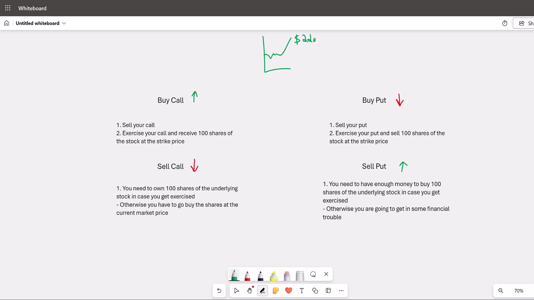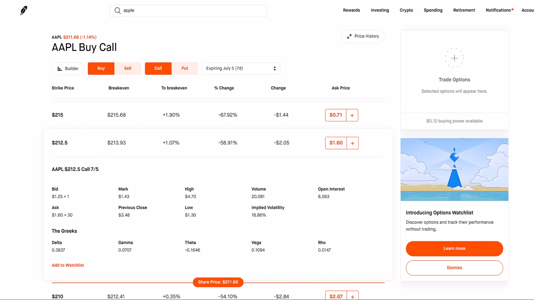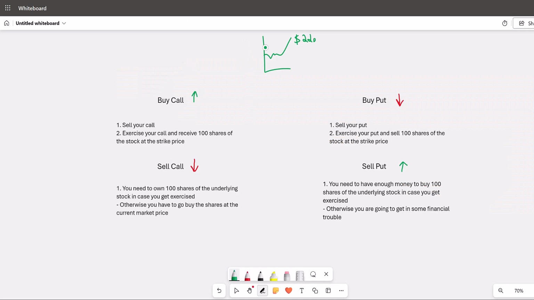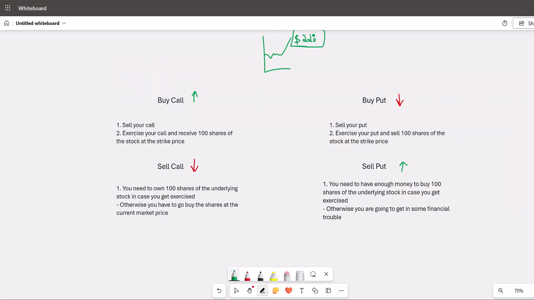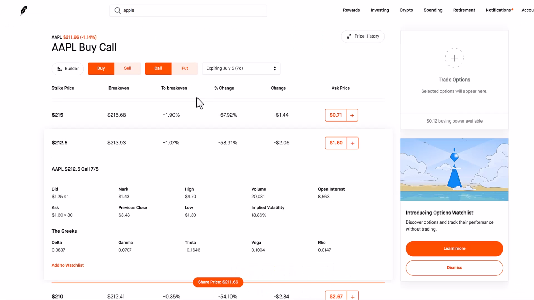That $212.50 strike price, what that means is even though the market has the shares for $220 a share, because you bought this option, you can exercise your option and buy 100 shares for $212.50. So hypothetically, 220 minus 212.5, you'd make $7.50 per share times 100. You would make $750 based off this option.